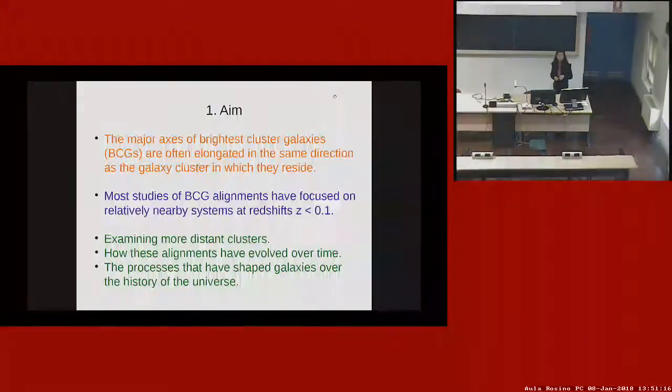So the aim of this paper is examining more distant clusters to have a better understanding of how this alignment has evolved over time and the processes that have shaped the galaxy over the history of the universe.